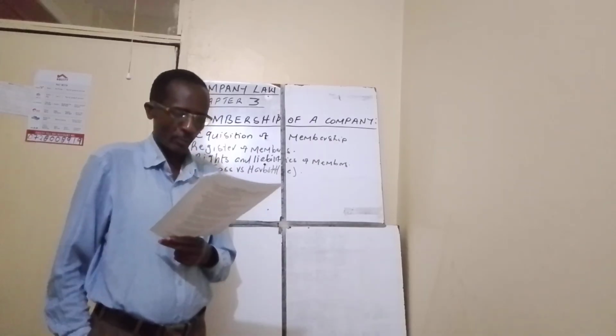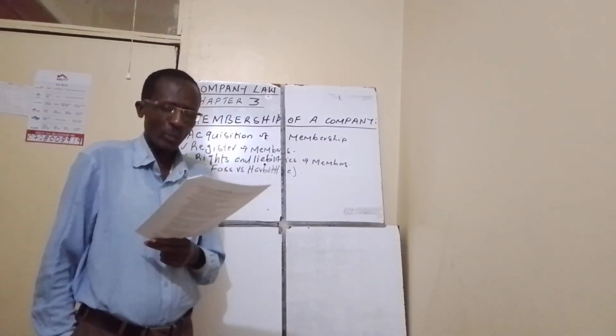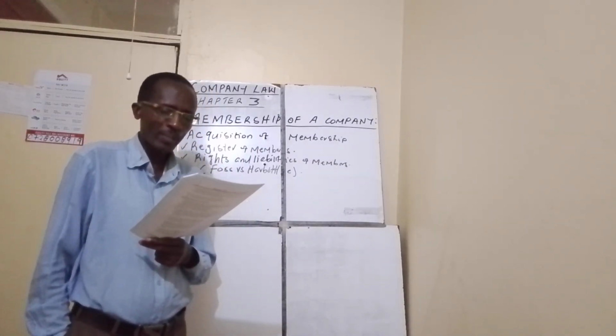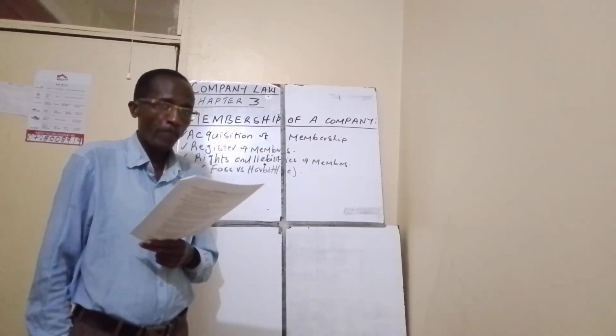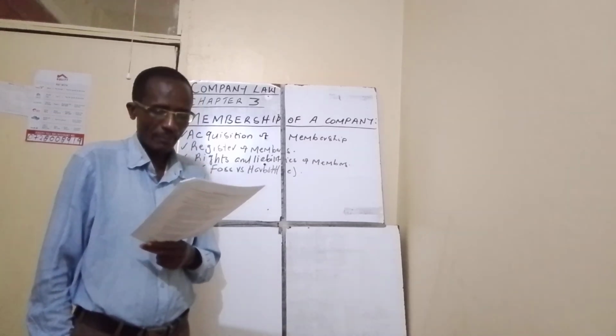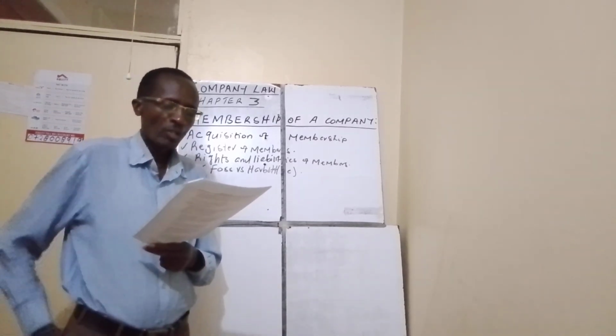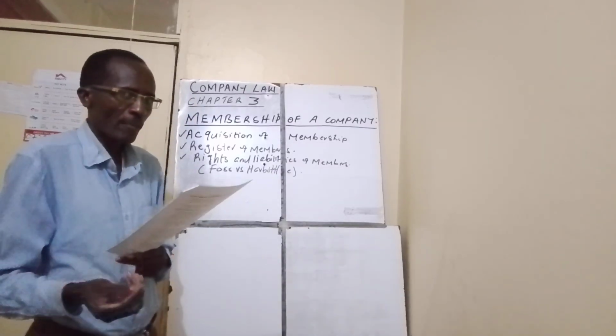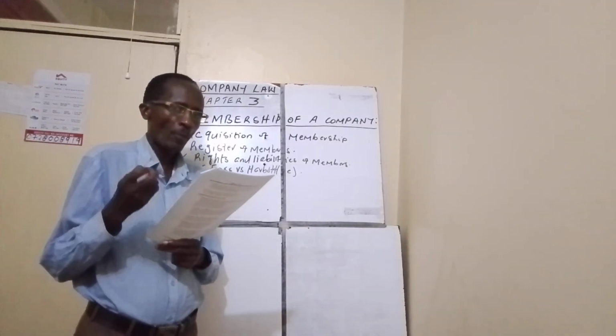When a wrong is done to a company, the company is prima facie the proper plaintiff. So for the rule in Foss versus Harbottle to apply, there has to be a proper plaintiff.